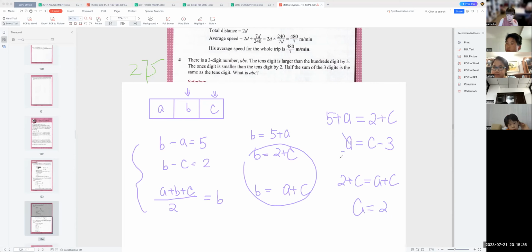So if A equals 2, C equals 5. And B equals 7. So it's 2, 7, 5. Correct? Okay, so this question is pretty easy, right?